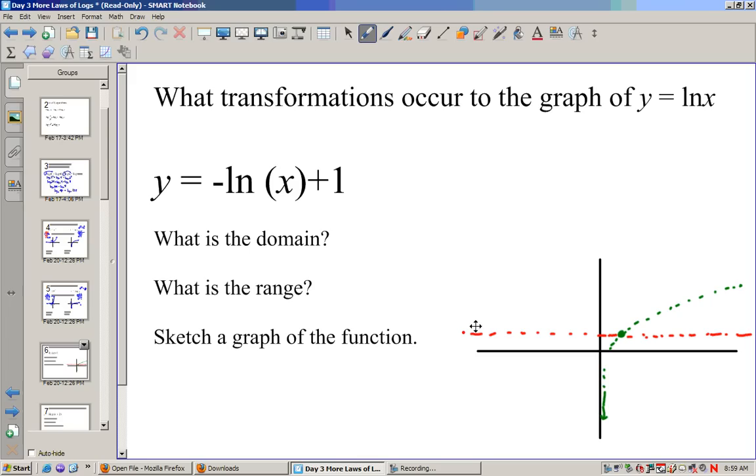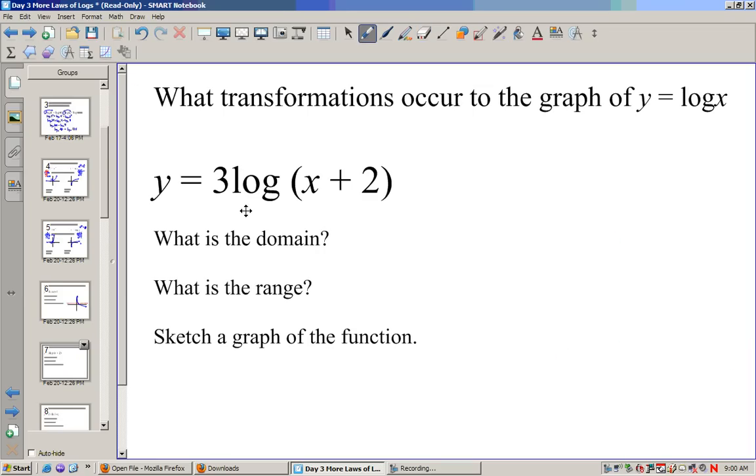Now if I reflected over this line, y equals 1, I'll produce my new line where it comes down, crosses through my point, and then curves out. So this blue line is the actual line, y equals negative natural log of x plus 1. Now, once I get here, I can erase this other business, so you know exactly what I'm talking about.